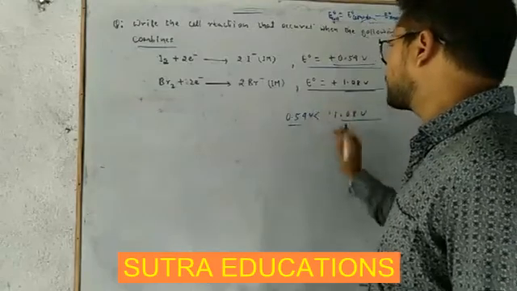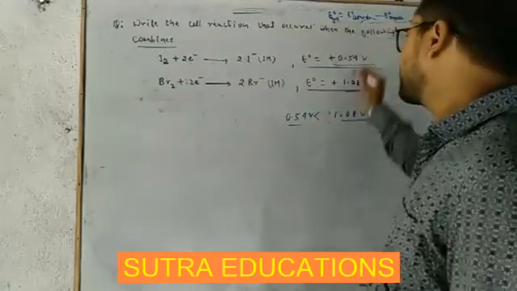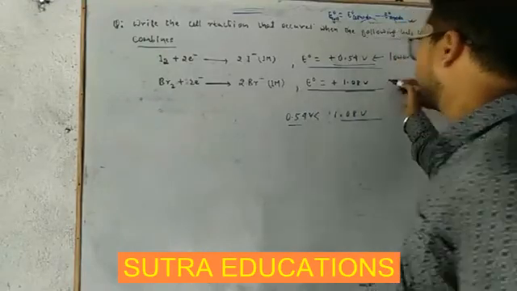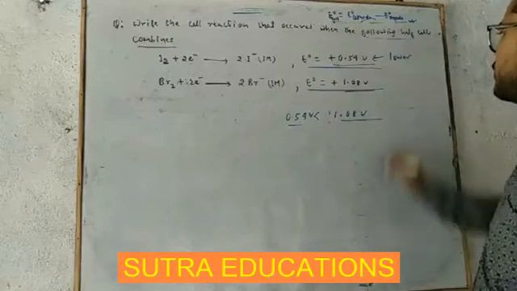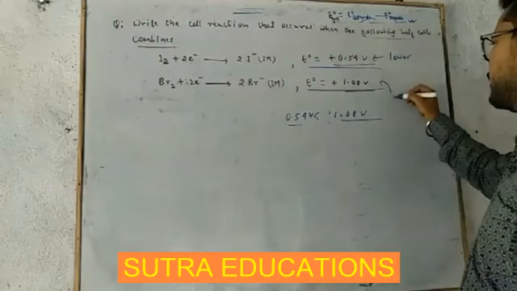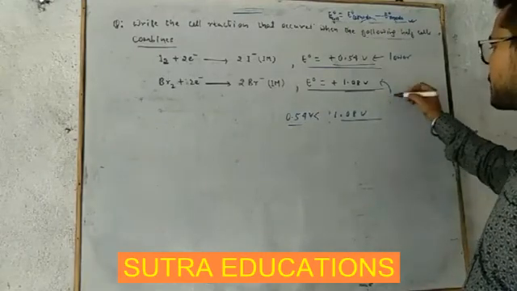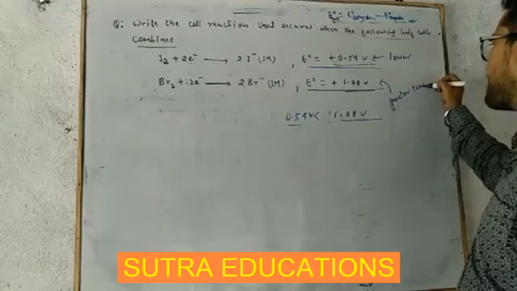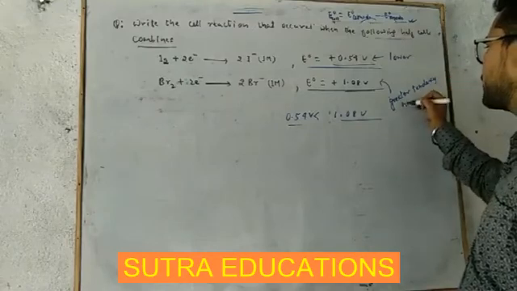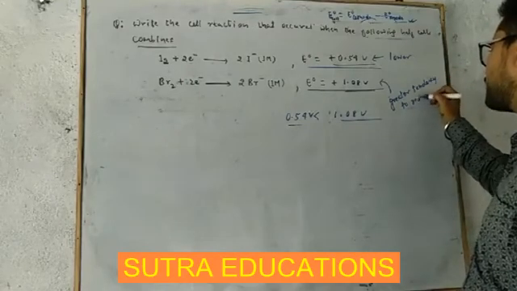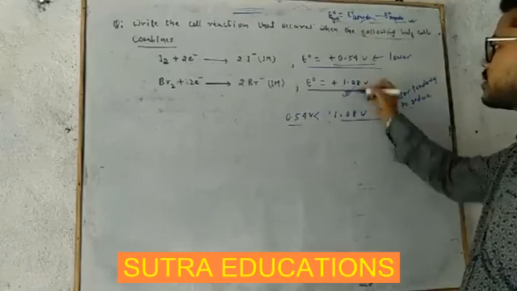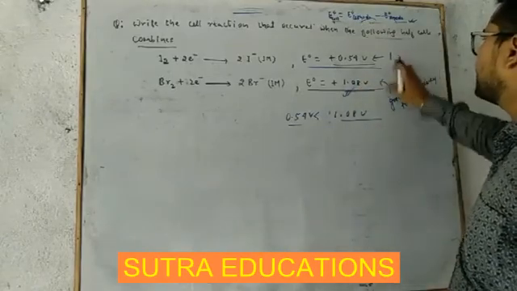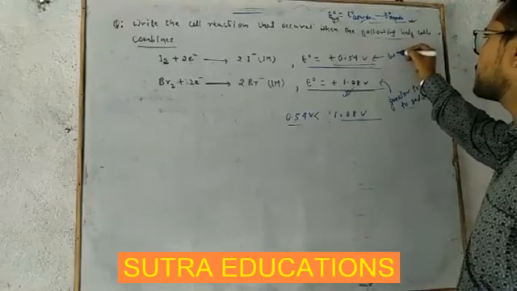Okay, means its reduction potential is lower than the other's reduction potential value, means it is having a lesser tendency to reduce, while the other has a greater tendency to reduce, because its reduction potential value is more.